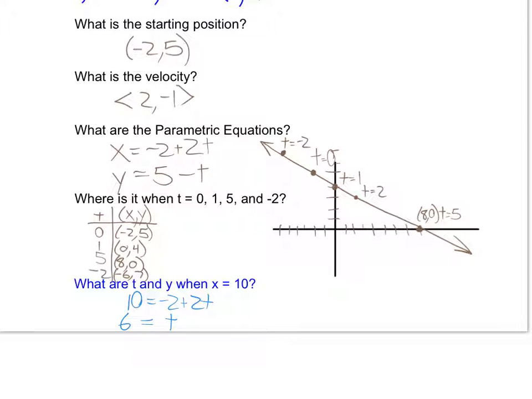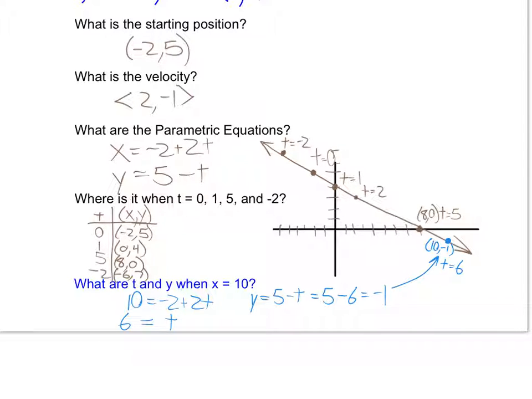Y is 5 minus t, so 5 minus 6 is negative 1. If you look at our picture, that makes sense. We have the point (10, -1) when t equals 6.